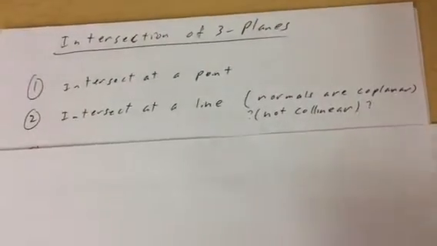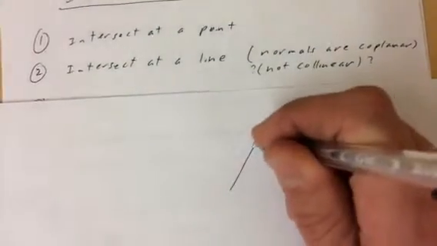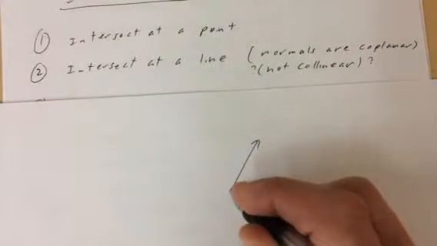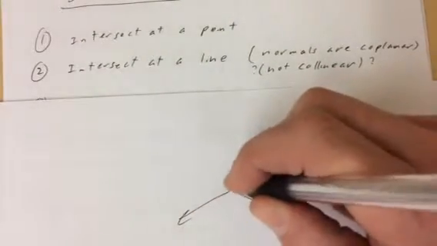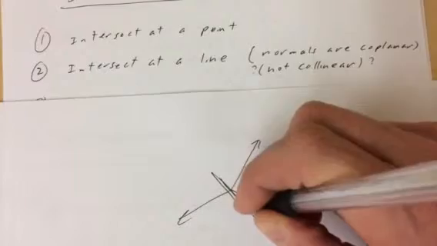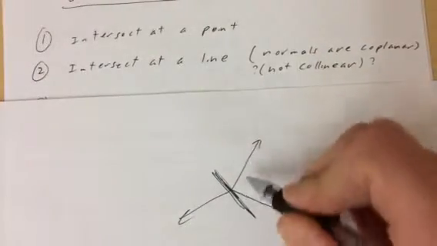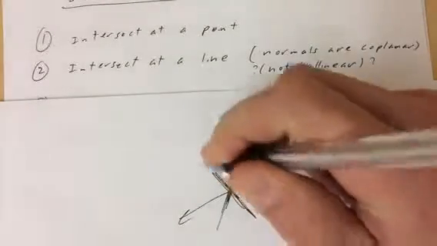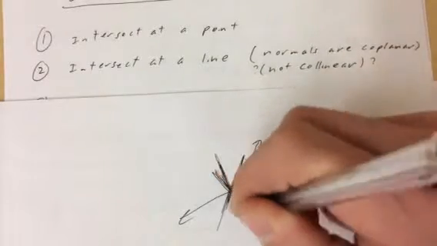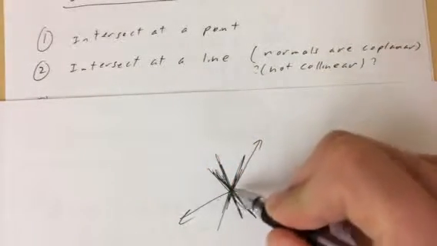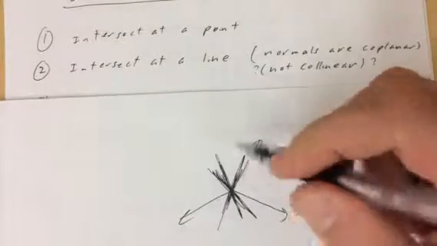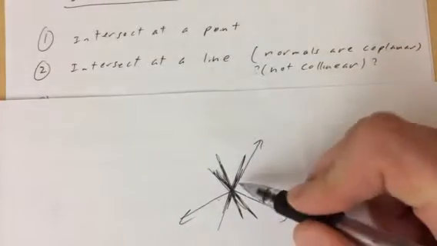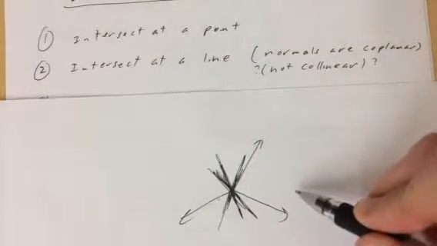If you had this is a normal, and this is a normal, and this is a normal, well, the three planes would come out of the page like this, with that as the normal, like that, with this one as the normal, and then like this, with this as the normal. And so we know that if the three planes intersect at a line, then the normals are going to be coplanar.